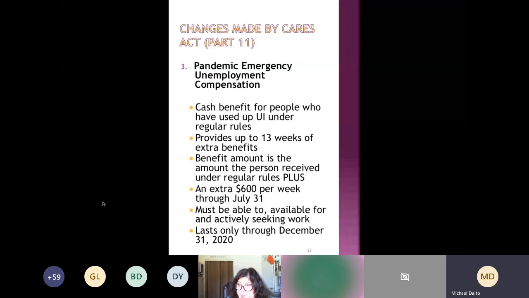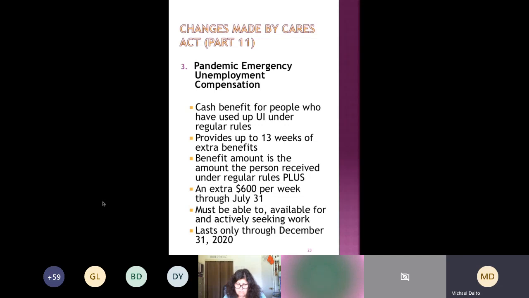I haven't seen any discussion by the federal government about people who were fired. I can tell you that even under regular UI rules, if a person was fired because they just couldn't do the job, but it wasn't for misconduct, they could be eligible for regular UI, and presumably they'd be eligible for pandemic unemployment assistance if they met all the criteria.